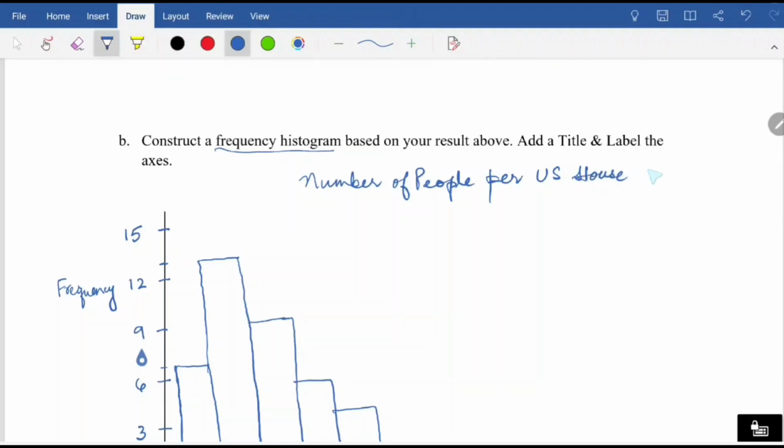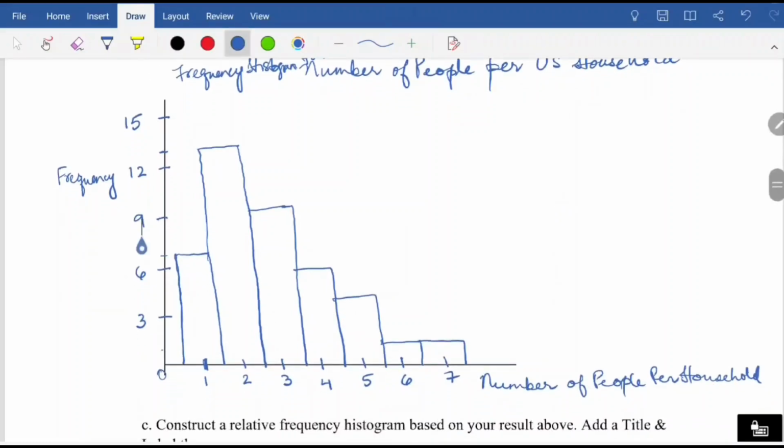If you want to be more precise, you can say frequency histogram for number of people per US household, but number of people per US household is good enough title. All right, so this is how you create your histogram, a frequency histogram.